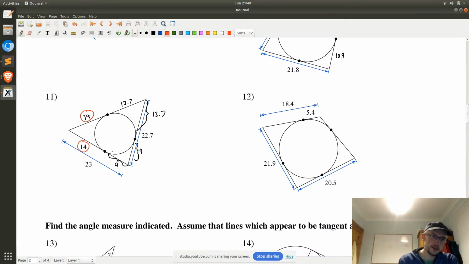And so we add that, and that. Let's go. So 13.7 doubled is 27.4. 14 doubled is 28. 9 doubled is 18. So 18 plus 28, that's 46. And then add 27.4. So that's 73.4. Or so it seems. This small segment is 5.4.